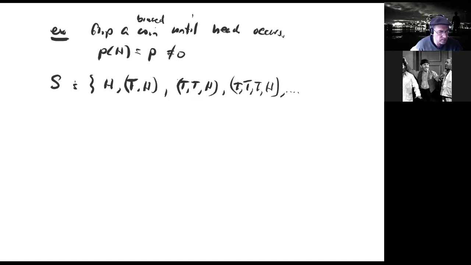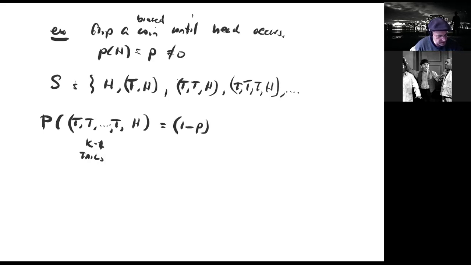Okay, so now what's the probability of k minus 1 tails and a single heads? The probability of tails is 1 minus p. There are k minus 1 of these tails occurring, so it's (1 minus p) to the k minus 1. Then we have a probability of p occurring. And so that's the probability of that event.